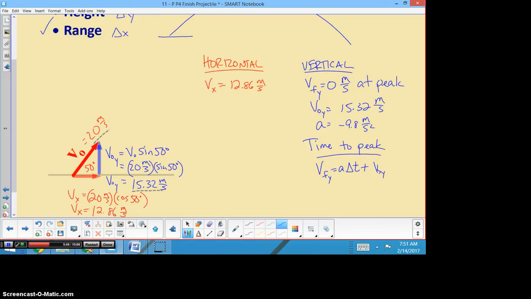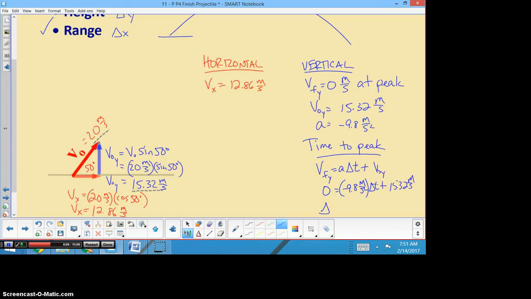When I plug in that the final velocity is 0, our acceleration is negative 9.8 meters each second squared, our delta T is our unknown, and our initial velocity was 15.32 meters each second.